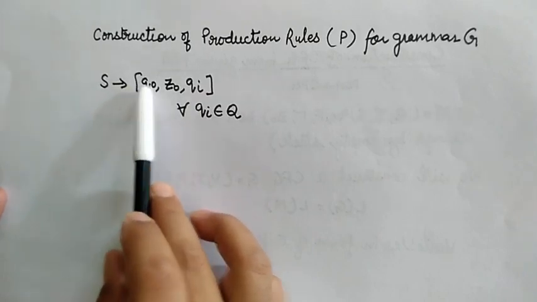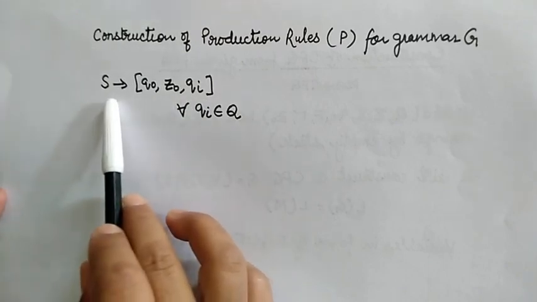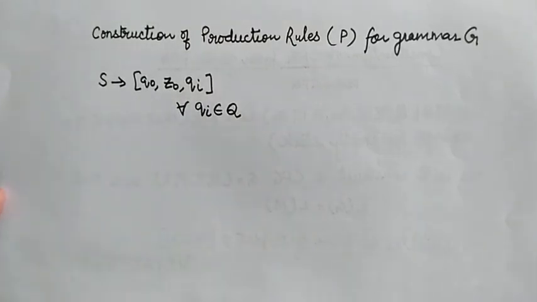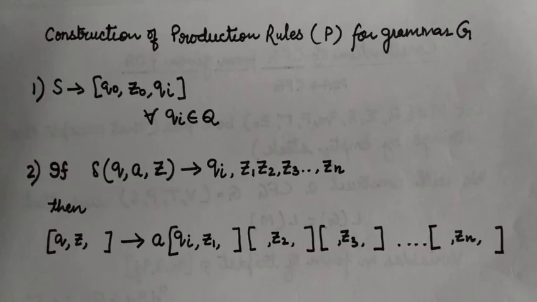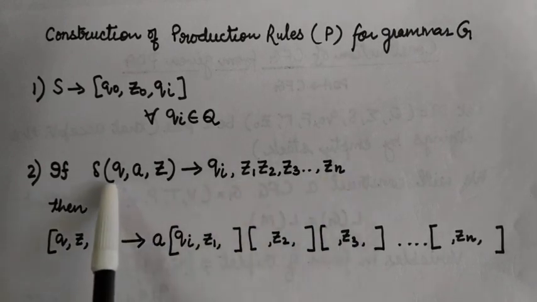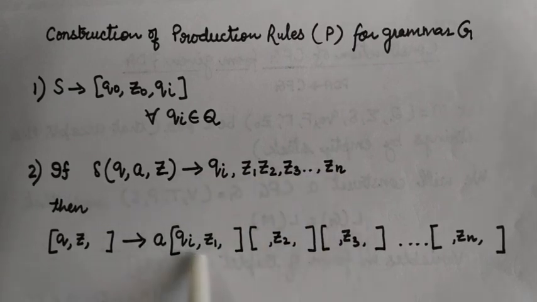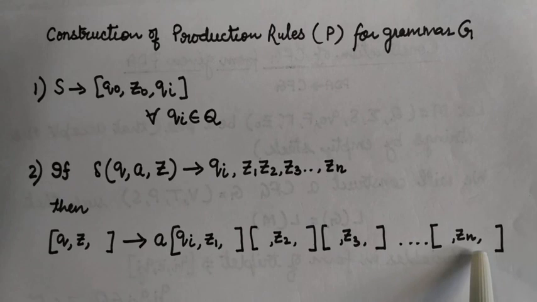And you see this is nothing but a variable, so these productions are actually unit productions. And in a PDA, if we have a transition rule of this form, then corresponding to this transition rule, we will write the production rules in the grammar of this form.